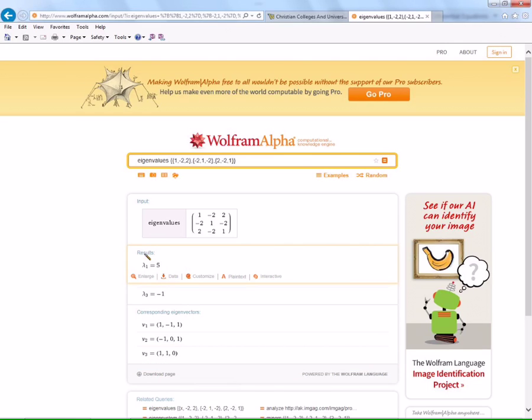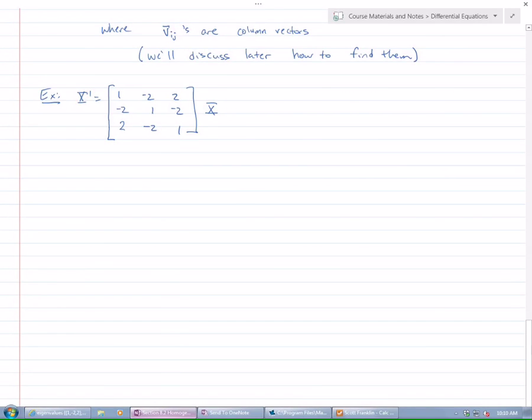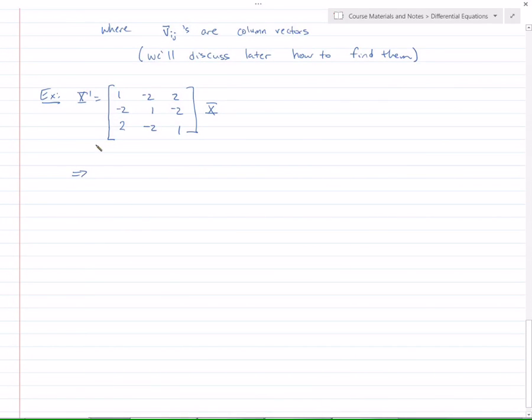Okay, but in this case, you can immediately write down the answer. There's no work to be done. Then you immediately know that x is c1 times the first eigenvector, 1, -1, 1, e to the 5t, plus c2 times -1, 0, 1, e to the -t, plus c3 times 1, 1, 0, e to the -t.